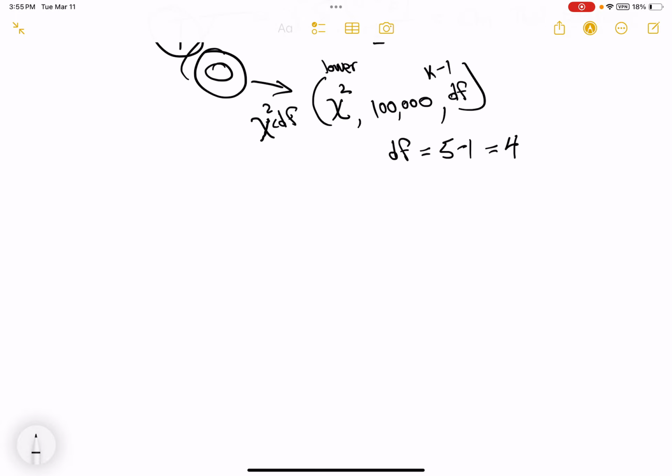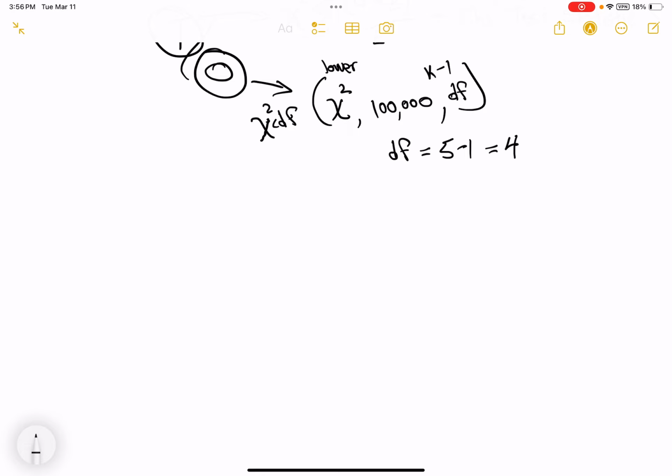So I'm going to go ahead and clear my L1 in case it's not clear, right? And then I'll do 28, enter, 22, enter, 18, enter, 15, enter, and 17, enter. Now your L1 should be populated with your observed data. We're going to clear L2 in case it's not already cleared. And then in L2, we're going to put our expected values. Our expected in this case was just 20 for each one.